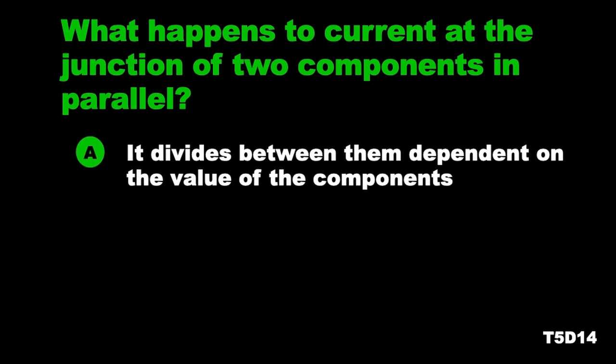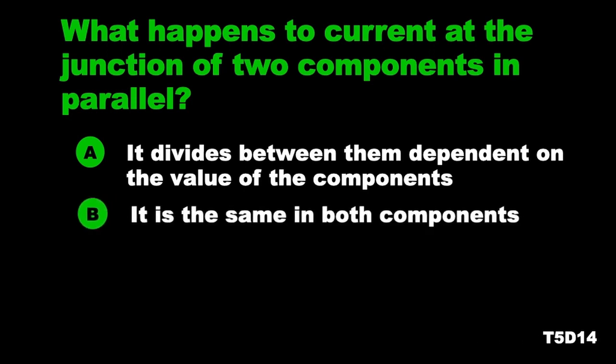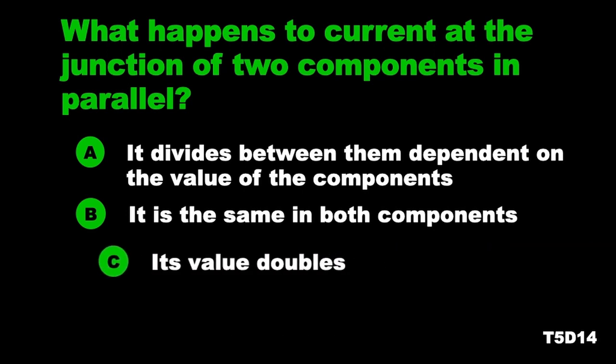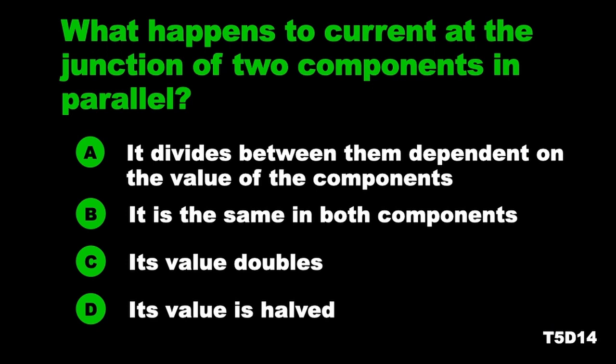What happens to current at the junction of two components in parallel? A, it divides between them dependent on the value of the components. B, it's the same in both components. C, its value doubles. Or D, its value is halved. Well, it'd be great if it was C, but I don't think it is.